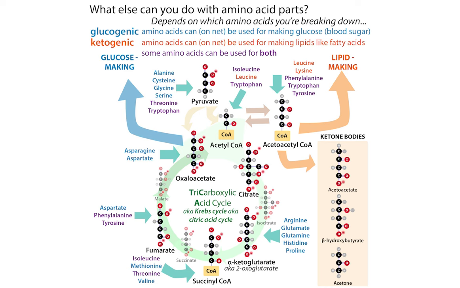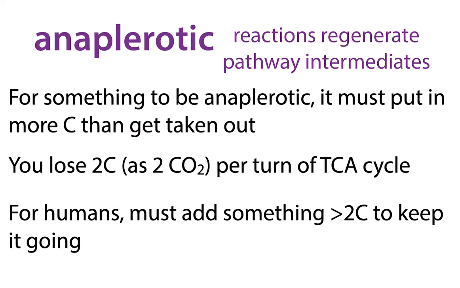Speaking of getting into our citric acid cycle, if we have a molecule that is able to enter the citric acid cycle and it's more than 2 carbons long, that's going to allow us to have an anaplerotic reaction, basically. It's going to allow us to replenish our cycle, which is good because if we're taking oxaloacetate out of the cycle to do this process potentially, then we're going to want to add stuff into the cycle.